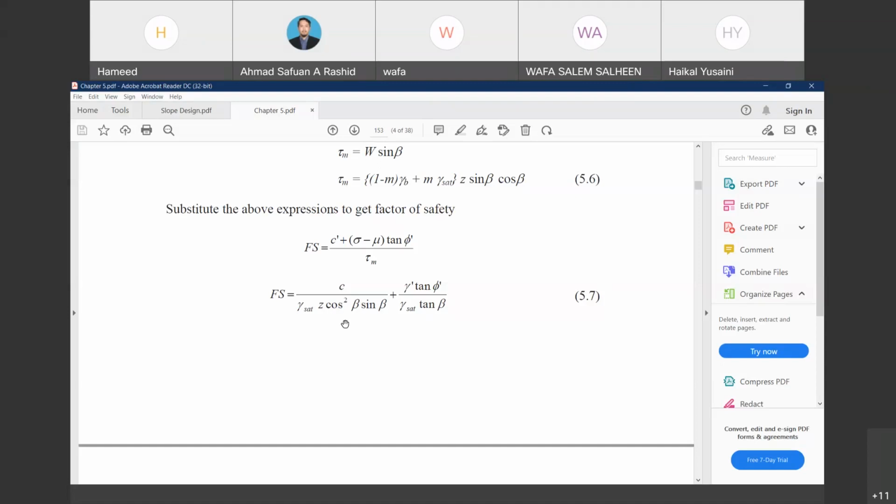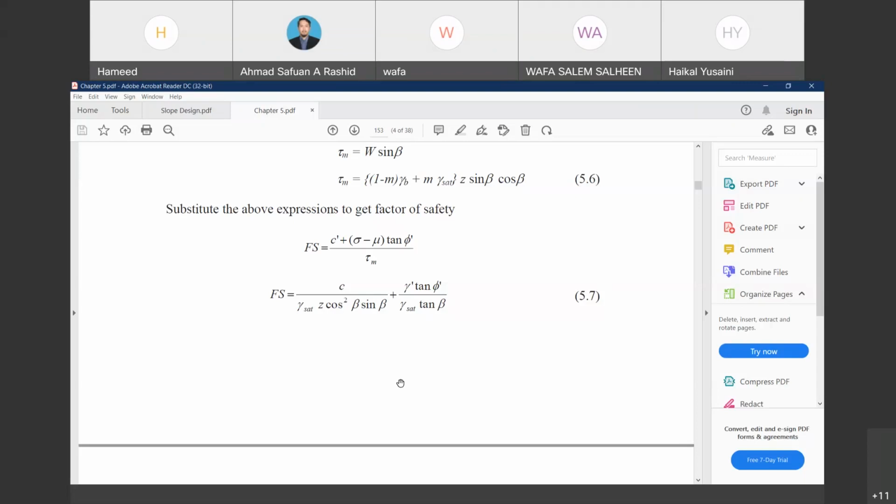Okay, to get a more accurate 1.66, you might need to use the gamma water of 9.81, because I used 10. So that is the limitation of 5.7: it can only determine the stability if the water level is at the slope surface.